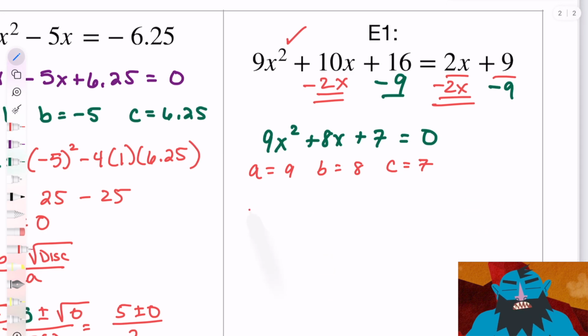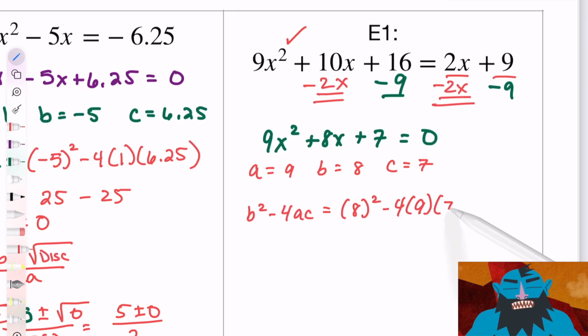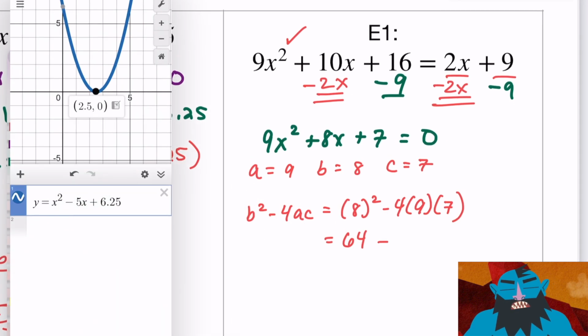And b squared minus 4ac, the discriminant, is 8 squared minus 4 times a times c. Oh boy, we're getting some big numbers here. I'm going to get out a calculator for this guy. Was hoping to avoid that, but we'll put him up over on that side.